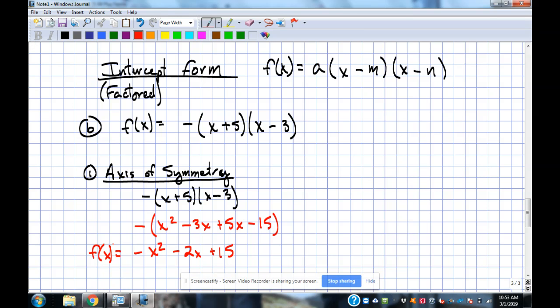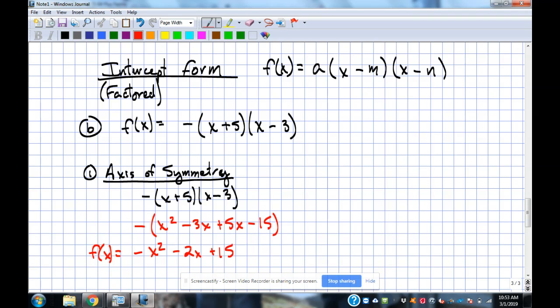Okay. What does that allow us to do now for axis of symmetry? Yeah, do that formula that we used before, -b divided by 2a. So multiplying this out lets you use that same formula. And that's the way most people do this. I'm going to tell you about something else that's somewhat of a shortcut, but sometimes it's a little complicated for folks and they don't like doing it that way.